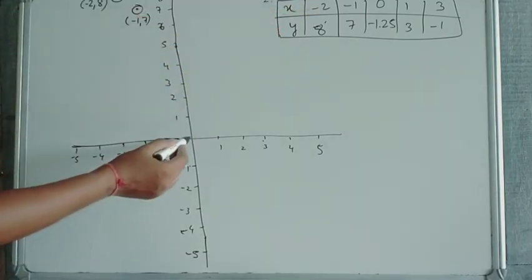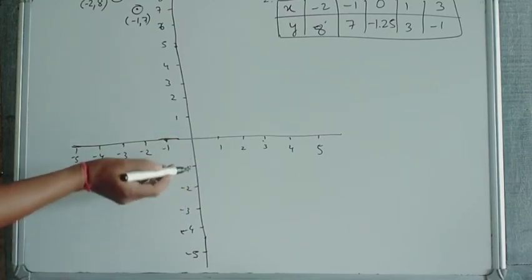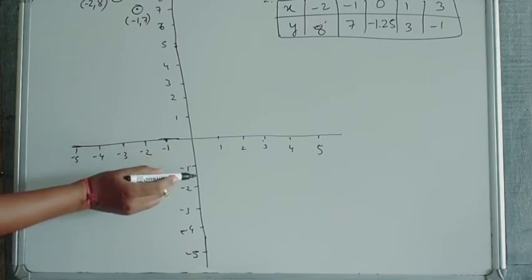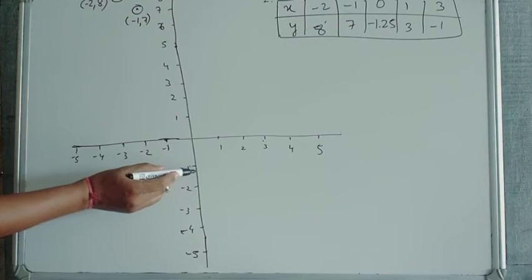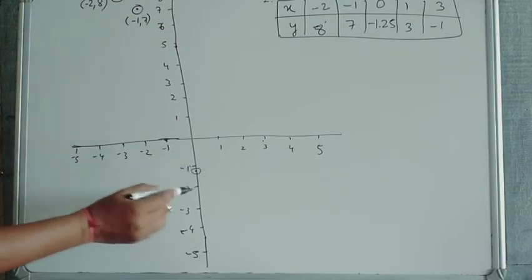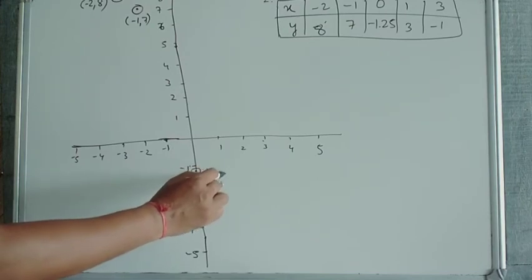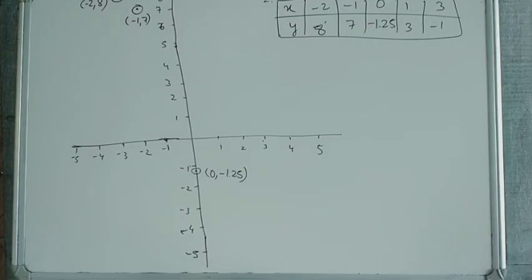Then 0 and minus 1.25. So x value is 0, this line, and y value is minus 1.25. You take a little assumption, half of half, so our point will be somewhere here. That is 0 and minus 1.25. Then 1 and 3.